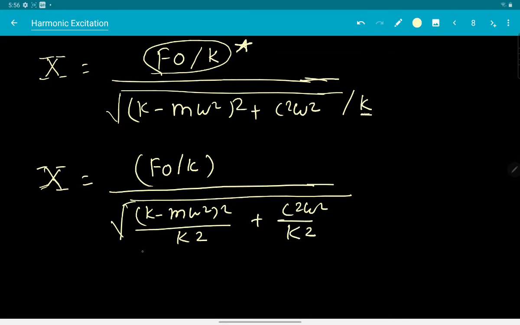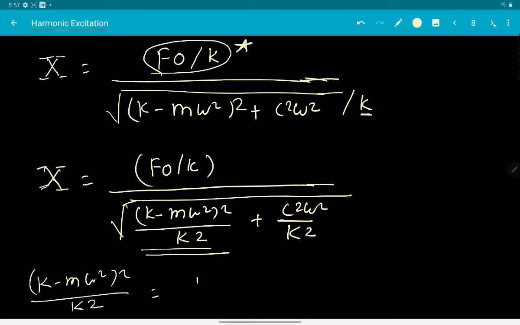Okay, so what is this first expression? This is k minus m omega square divided by k square, which means that 1 minus m omega square by k square. However, here square over here, I'm so sorry.